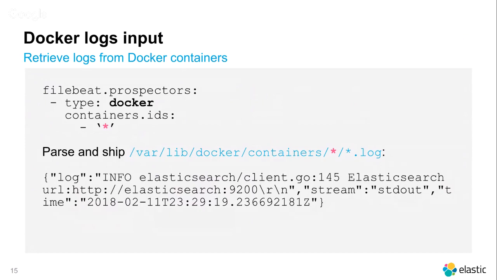This is the format where you get the lines in JSON documents and get information, not only the message, but also what's the stream, like standard output or standard error, and also the time when that line happened. We created an input, a prospector, to parse that, and that understands that format, so you can benefit from it and do things like, for instance, if you are outputting JSON in your logs, you can understand that after parsing everything with this Docker prospector. We will see that in the demo.